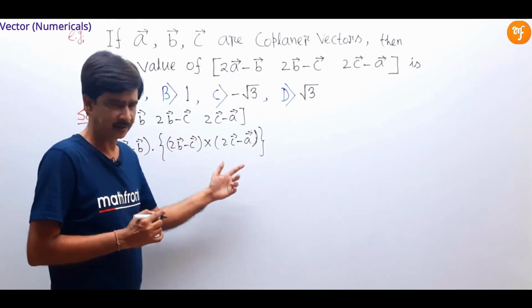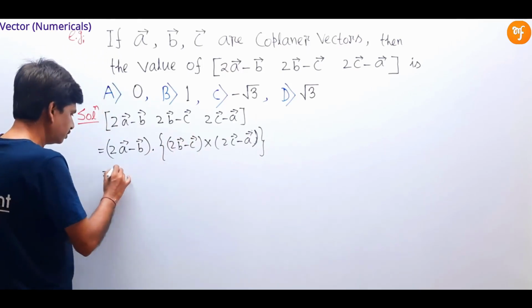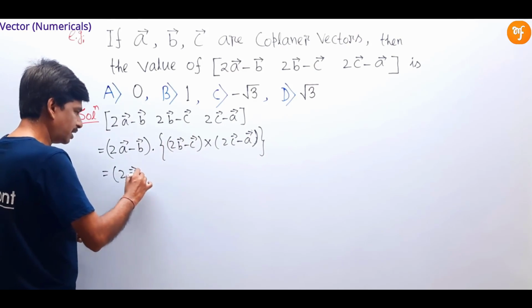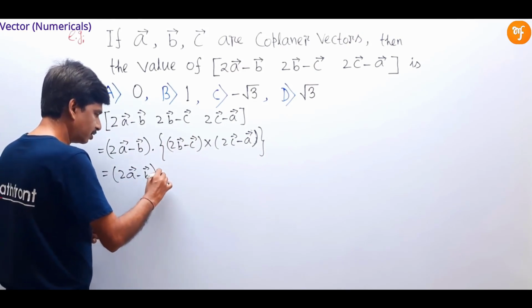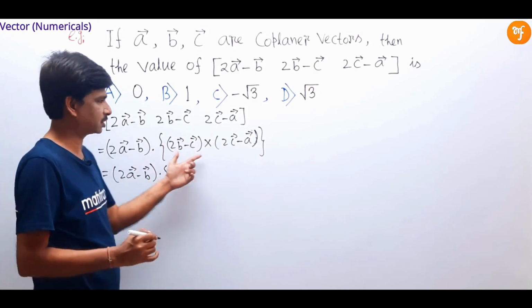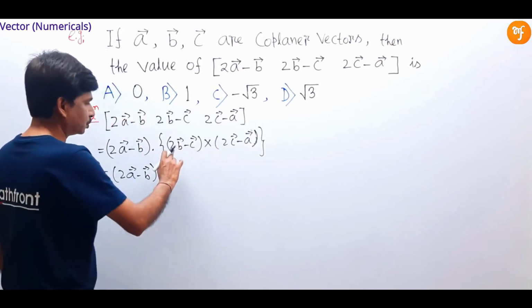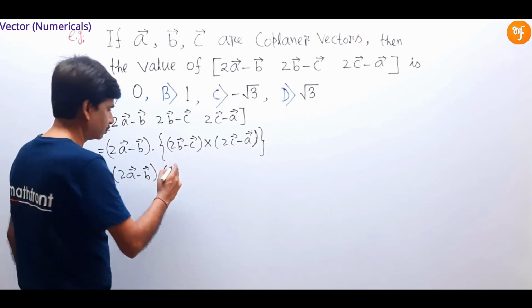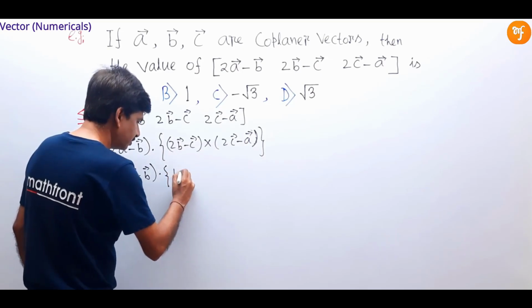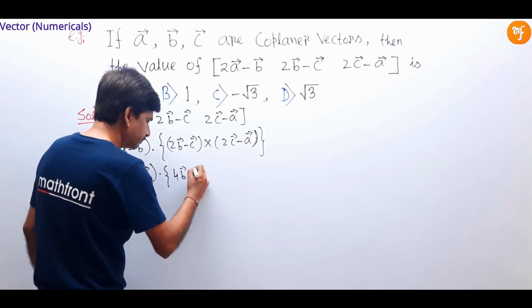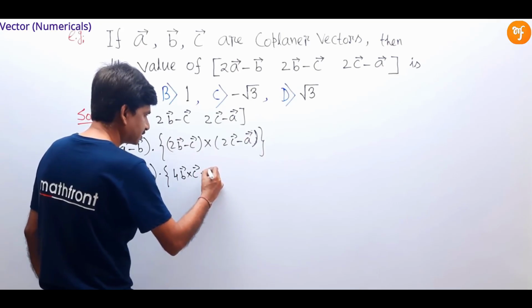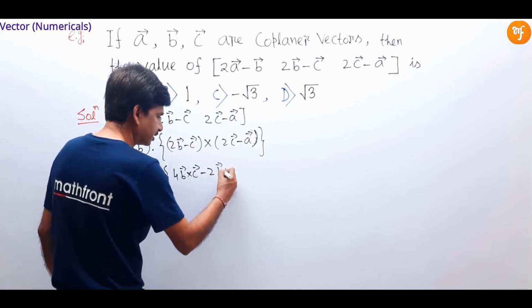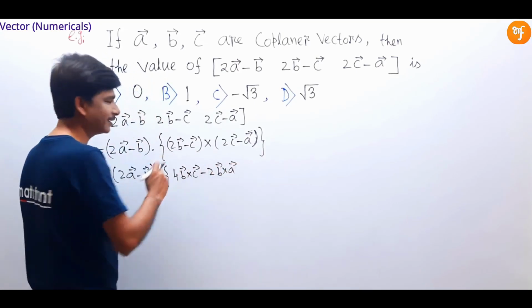Now let us simplify. So in the next step we can write 2a minus b vector dot, just simplify the cross product first. So 2b cross 2c minus a. So we can write 4 into b cross c minus 2 into b cross a. Okay, clear?